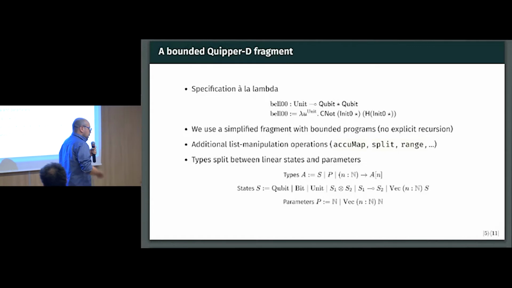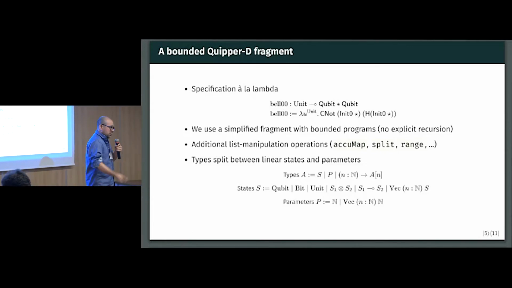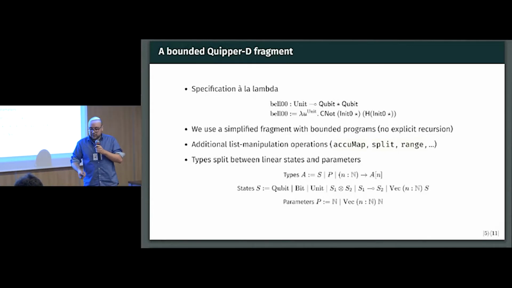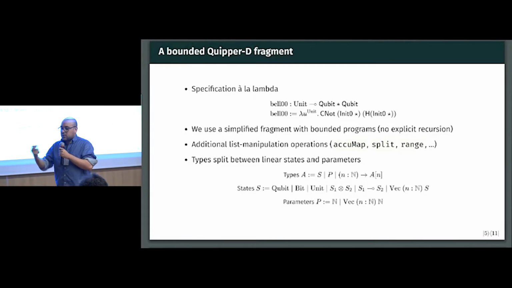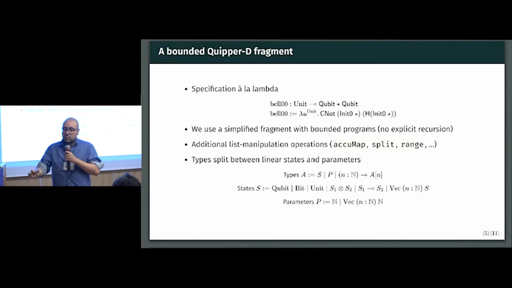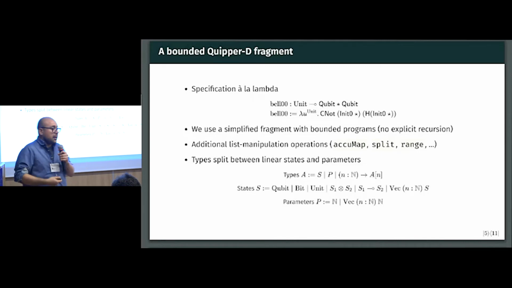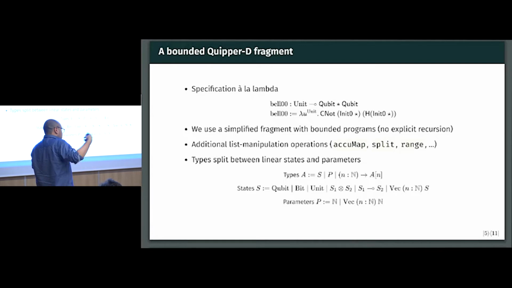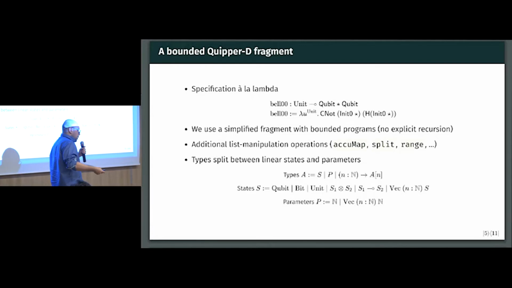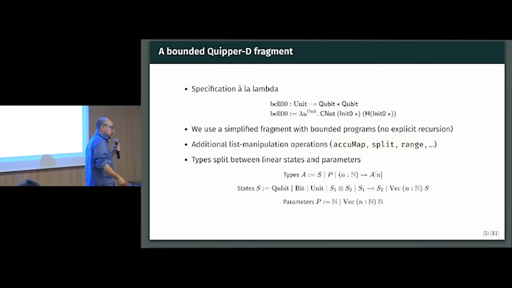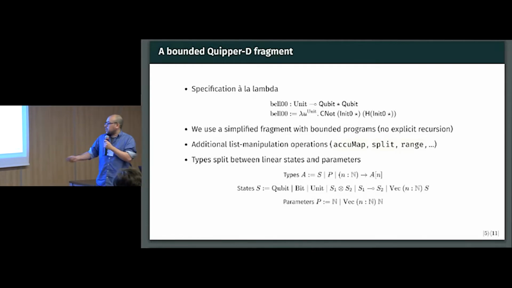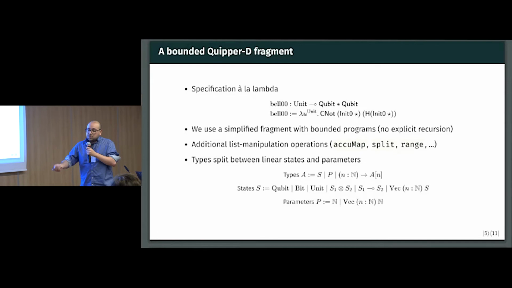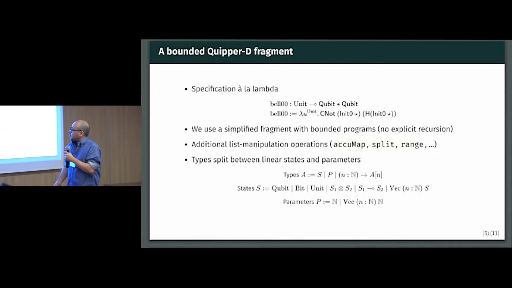The parameters will be the information that we can copy and reason classically about, and the states are qubits. In this case, our parameters are just natural numbers and vectors of these numbers, but it can be extended.